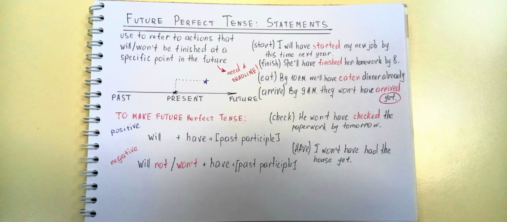Oftentimes, the speaker drops the deadline and just gives an open statement like this: they won't have arrived yet, or I won't have left the house yet. So you don't have to include your deadline in your statement if everyone in the conversation understands the deadline. It's quite common to drop it. But for this lesson, I included a deadline. I just wanted to point out that sometimes we do this.